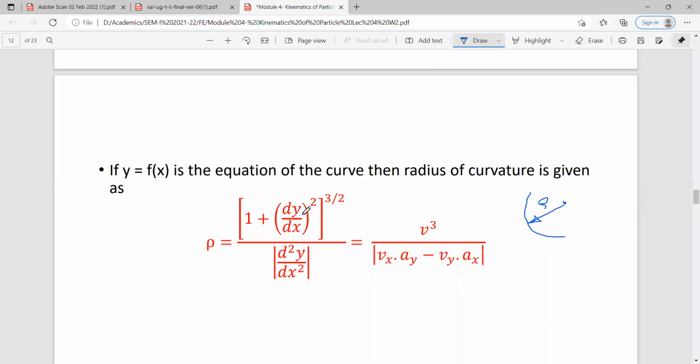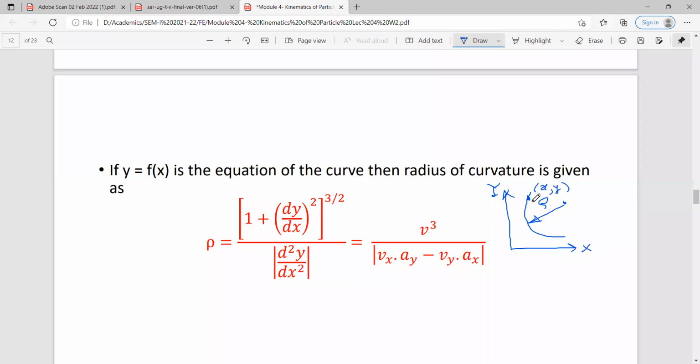Suppose we take this curve in the x-y plane, then we can have coordinates of each and every point of the path, that is x, y.